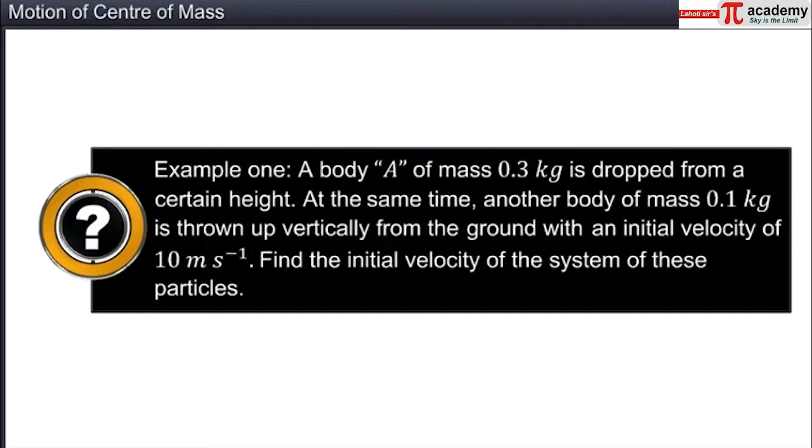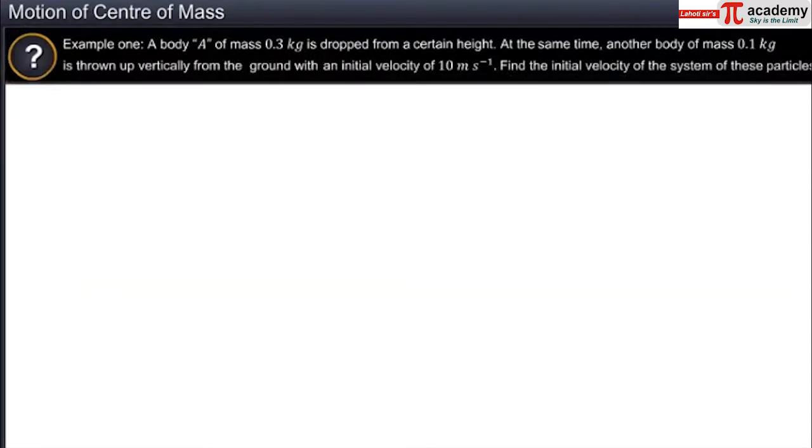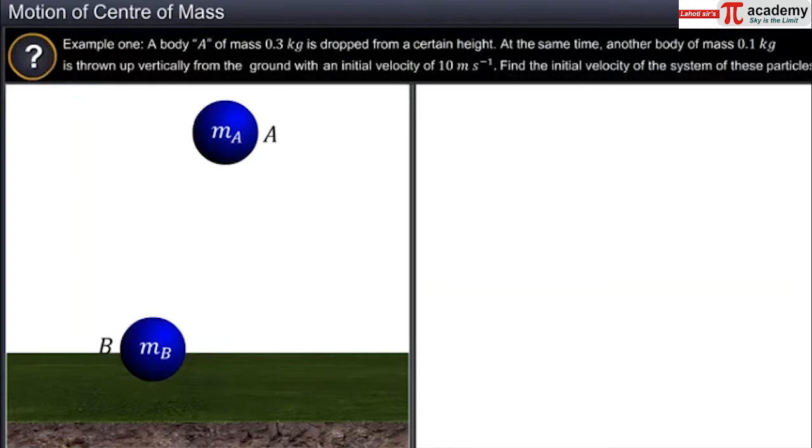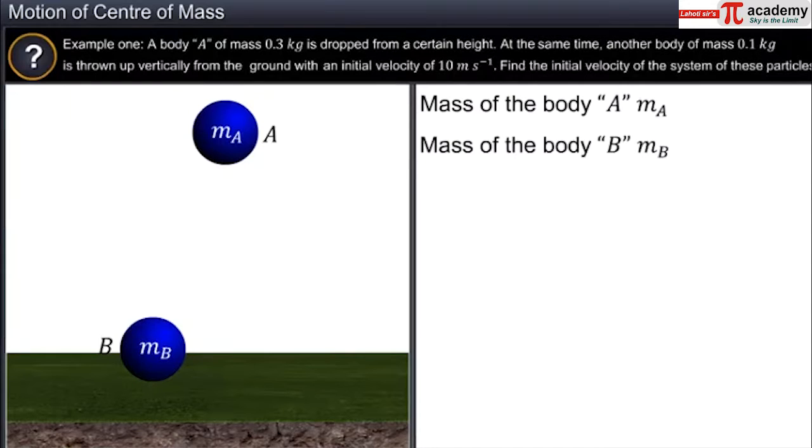Find the initial velocity of the center of mass of the system of these particles. For the body A, if mass of the body is ma, and for the body B, if mass of the body is mb, then ma is equal to 0.3 kg and mb is equal to 0.1 kg.